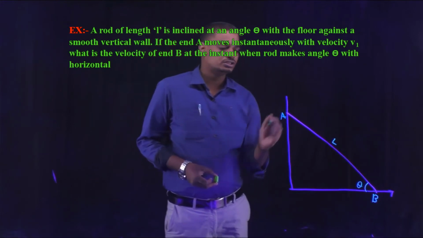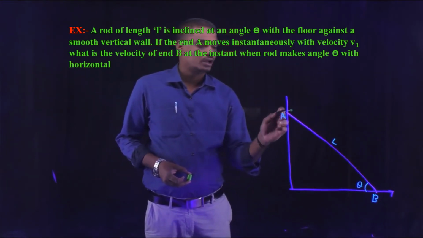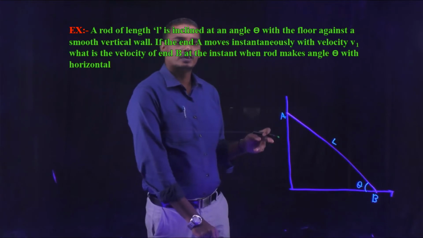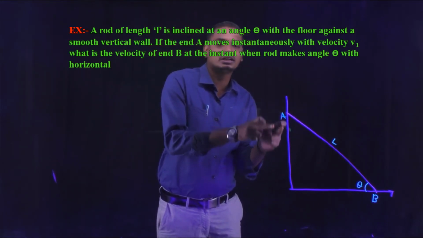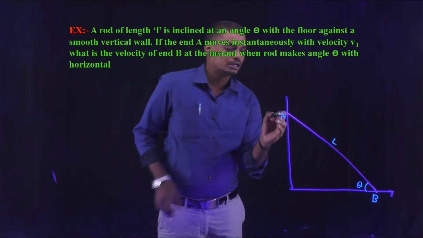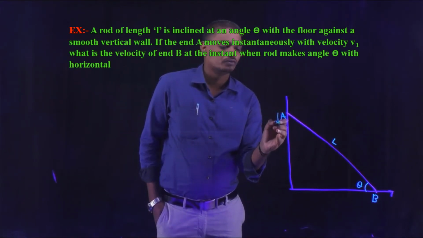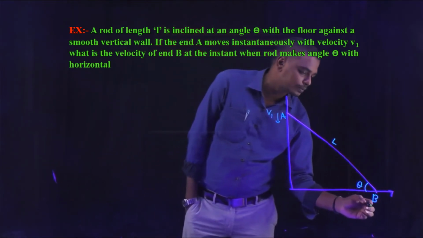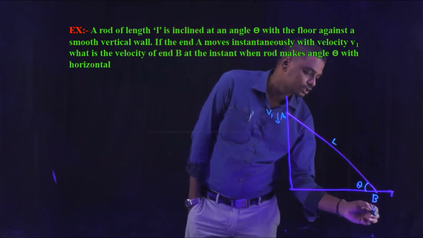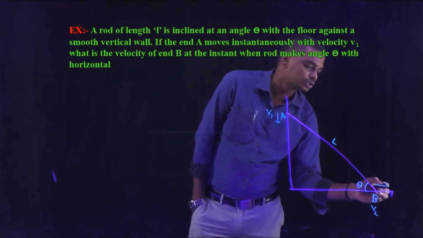So at any instant of time, given that the end A moves instantaneously with velocity v1, let it move down with a velocity v1, and let the velocity at the point B be v2. We know that as it moves downwards, B will move in this direction.